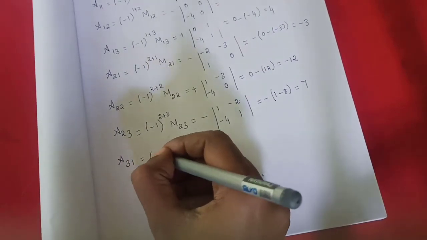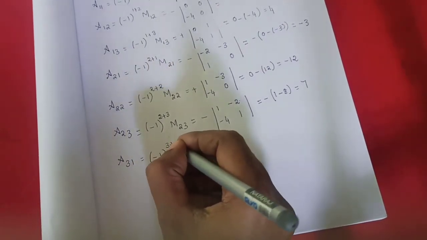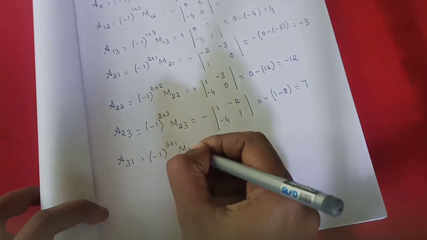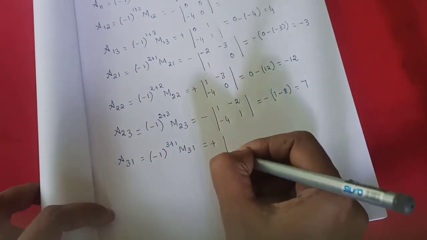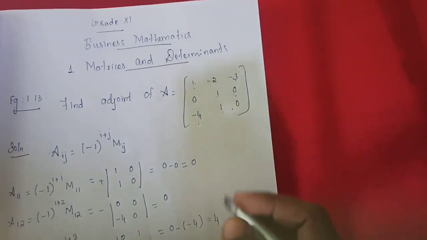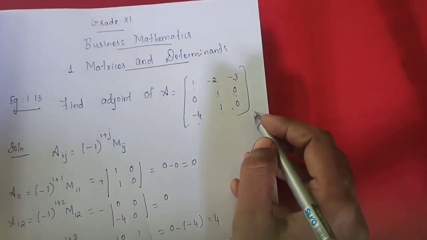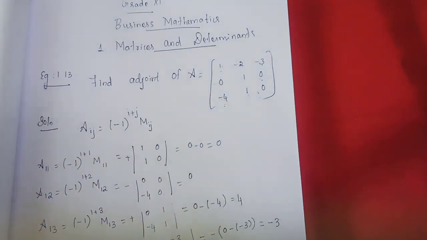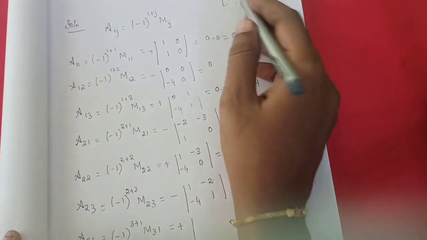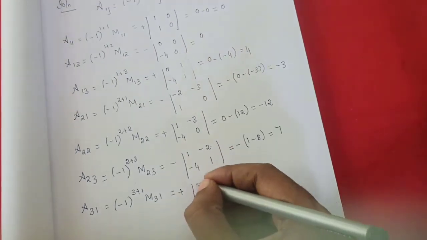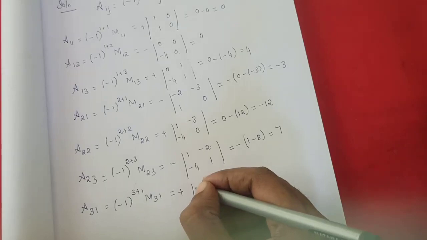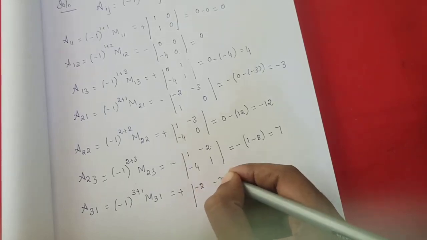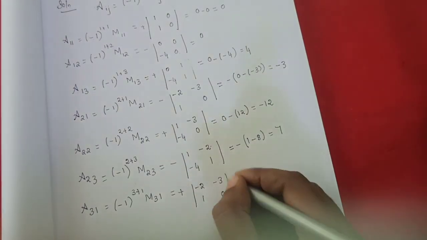A31. That's equal to minus 1 to the power 3 plus 1, M31. That's equal to, it is plus. So find for this. This particular row and this column it will cancel. So this one and this one it will cancel. So what's the balance you will get? A31 for minus 2, minus 3, 1, 0.